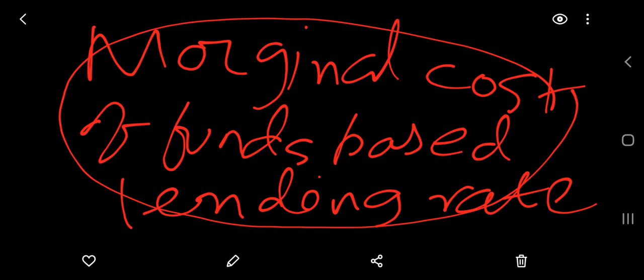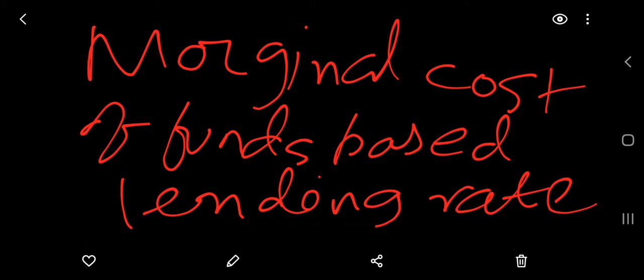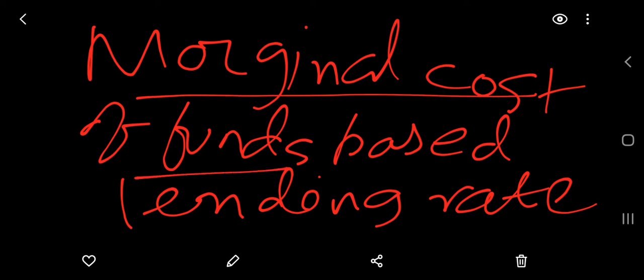What is this marginal cost of funds? This is the most important term. It has come about with the evolution of different kinds of loans. If I discuss this marginal cost of funds in this video, it will take a lot of time.